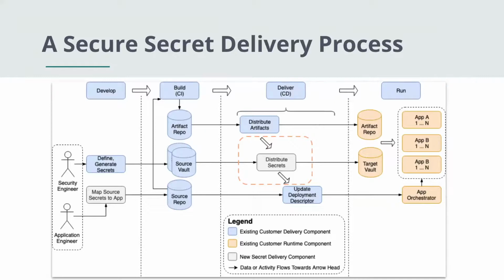So I said previously that a secret is a specialized kind of configuration, and we distribute our configuration along with application binaries at this level. So I'm going to suggest that you also distribute your secrets at this point, just after you distribute your application artifacts and configuration.